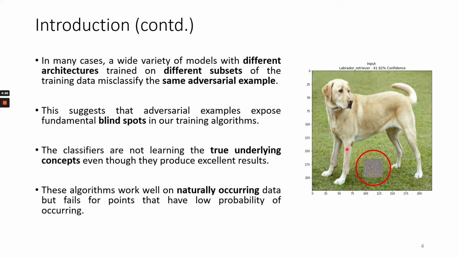Whenever the model finds these patterns, it classifies the image as that of a dog. But whenever we have any changes in this other part of the image, it is not reflected in the decision, or it does not contribute to the decision of the model. So what adversarial examples basically do is take advantage of this part of the image. They make changes in certain blind spots so that the models do not learn to distinguish certain perturbed images from the original one.